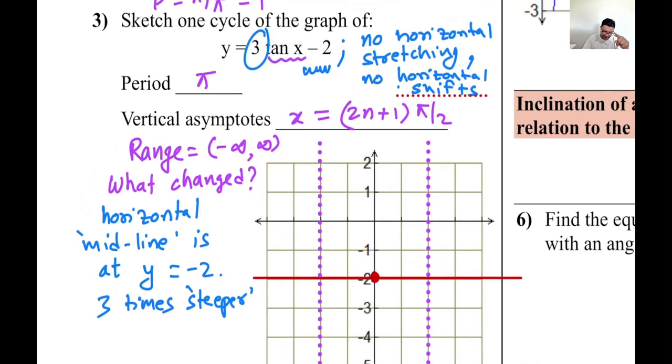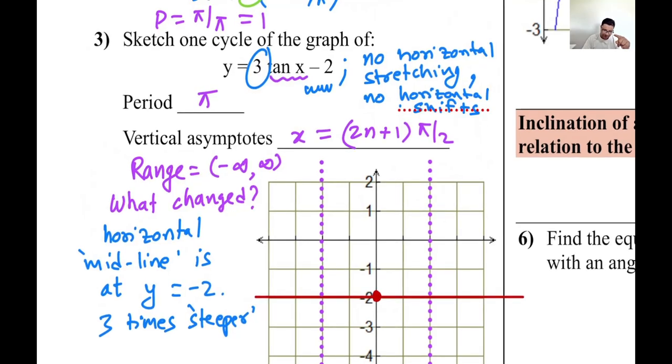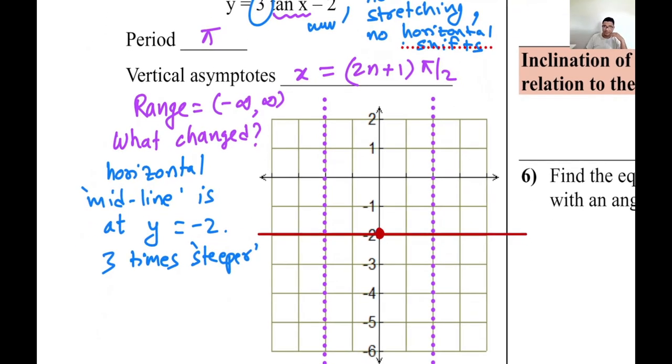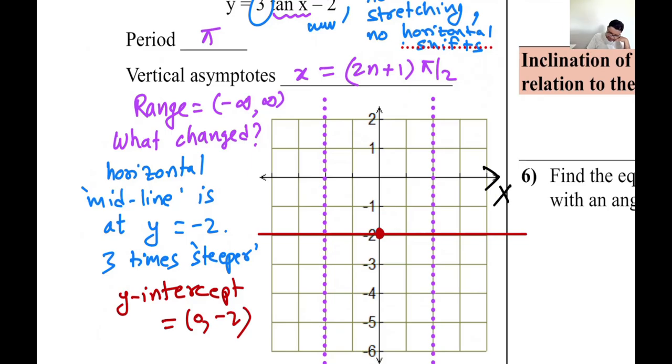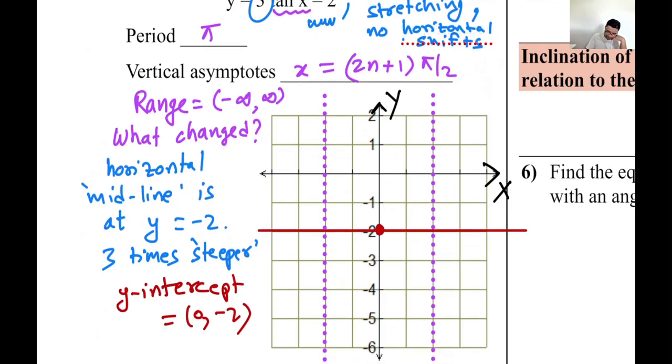Actually, you can plug in and check. If you plug in x equals 0, you get 3 times tan 0 minus 2, so that will be 0 minus 2. So your y-intercept is 0 minus 2. Remember, the x-axis is here, the y-axis is here, the origin is here, and we are 2 units down.